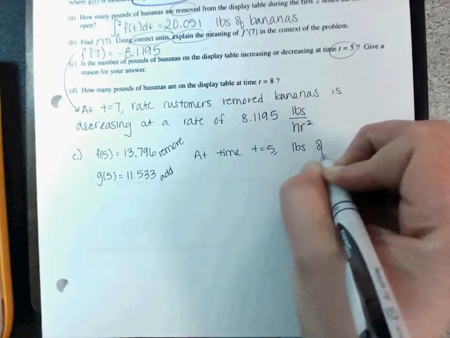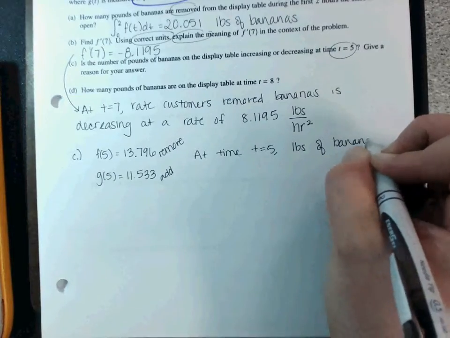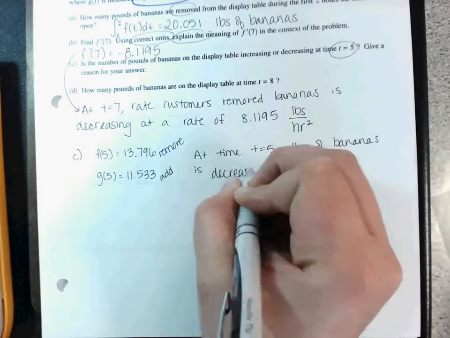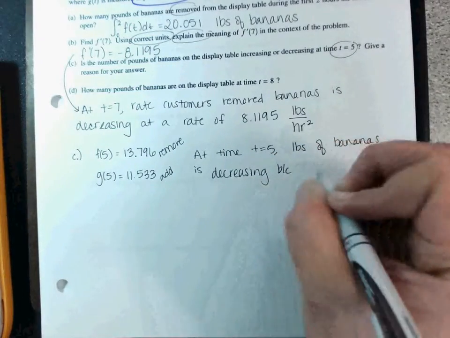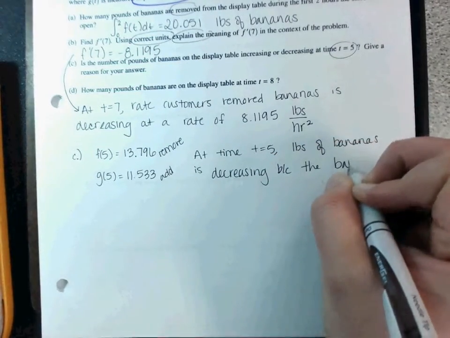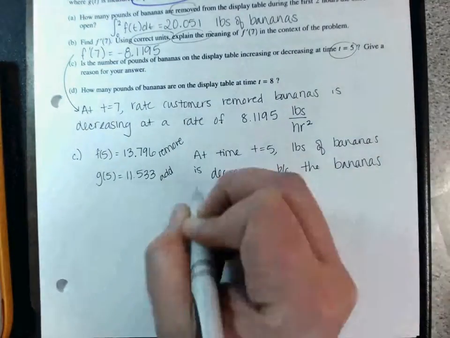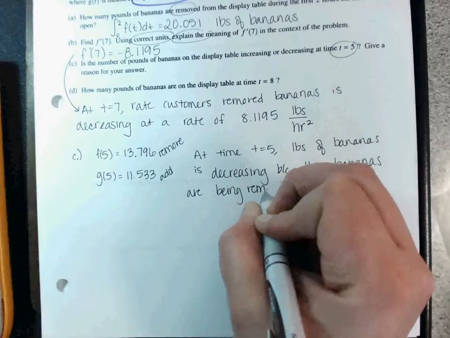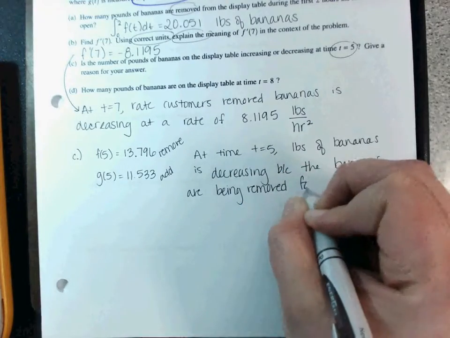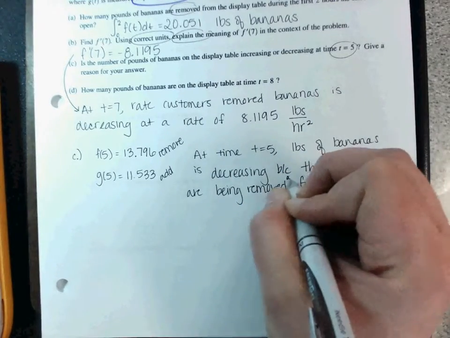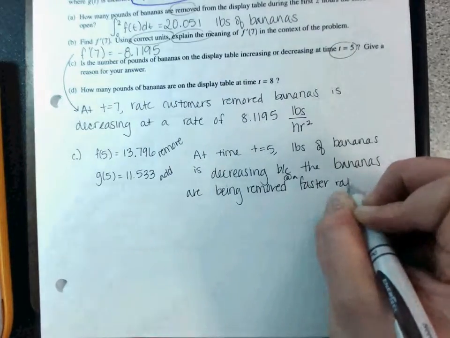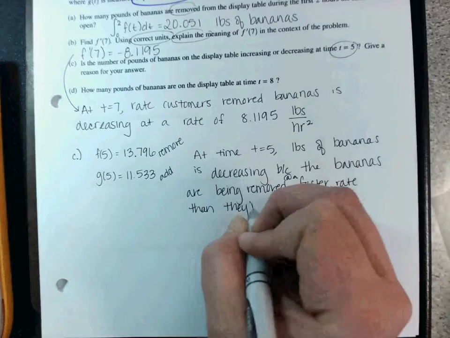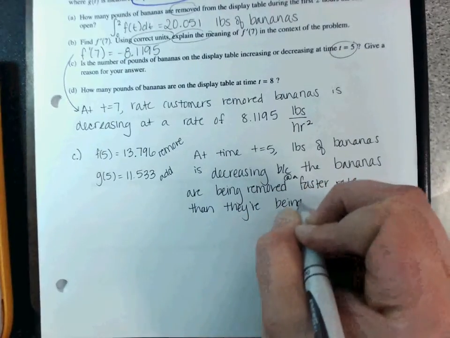Okay, so I'm going to put at time 5, pounds of bananas is decreasing because the bananas are being removed at a faster rate than they're being added back.